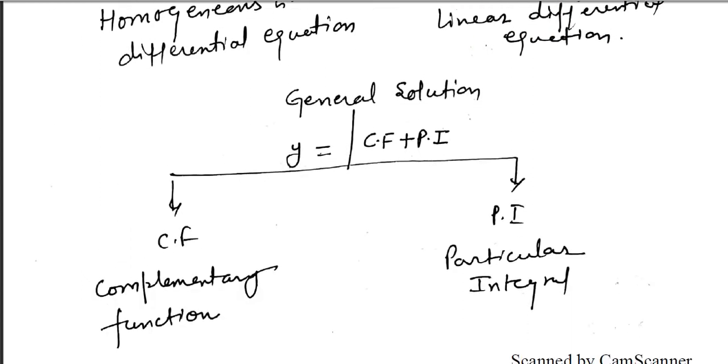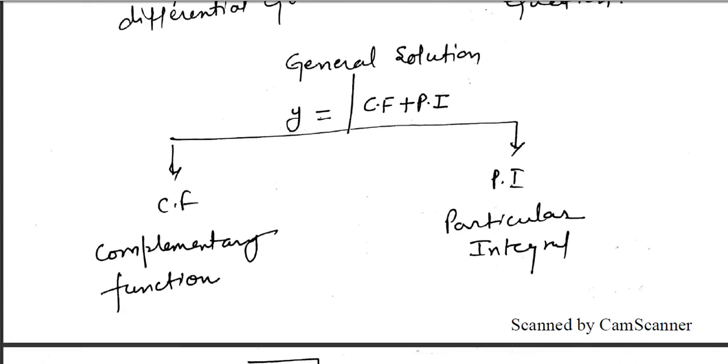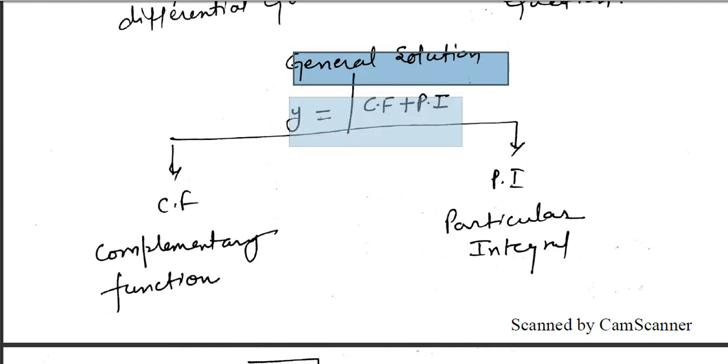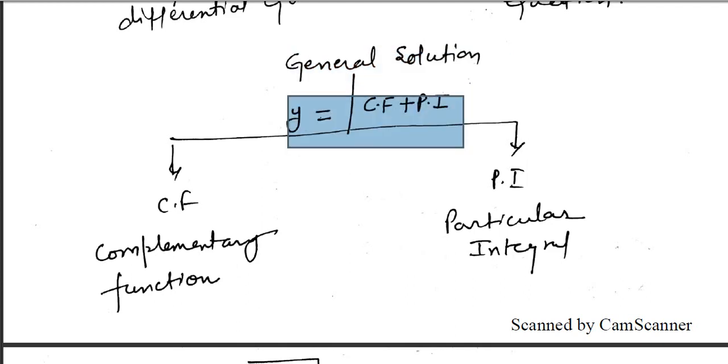Now what is the general solution whenever we are talking about linear differential equation with constant coefficient? We should know this general solution. This solution involves arbitrary constants. The general solution is y is equal to CF plus PI.